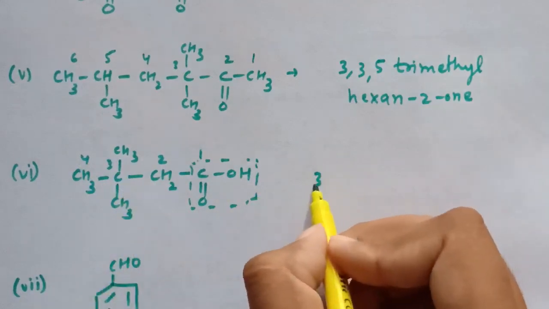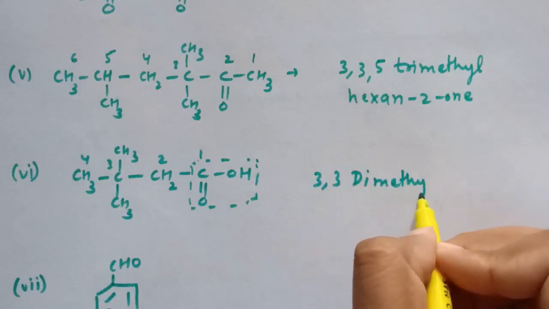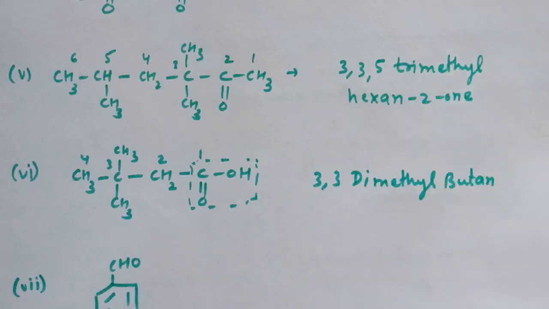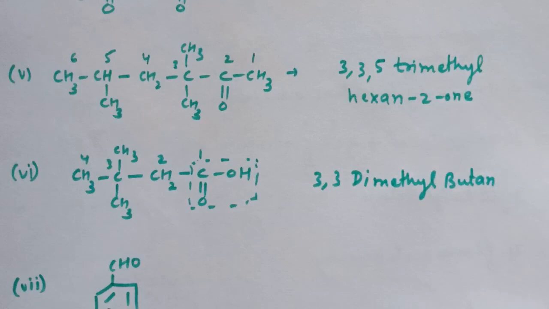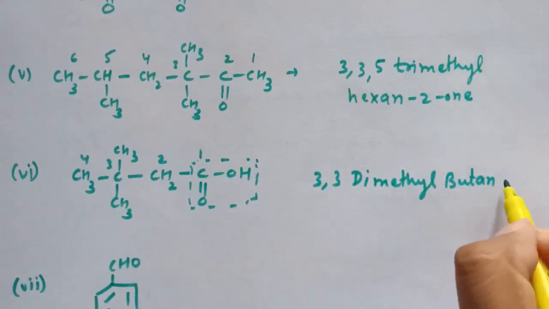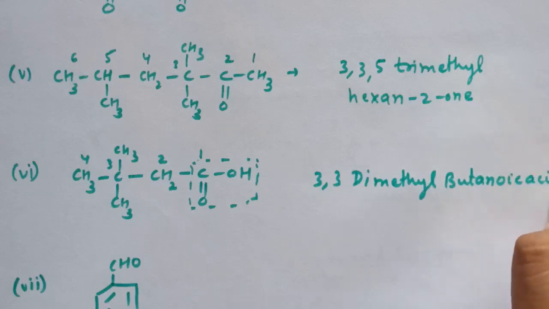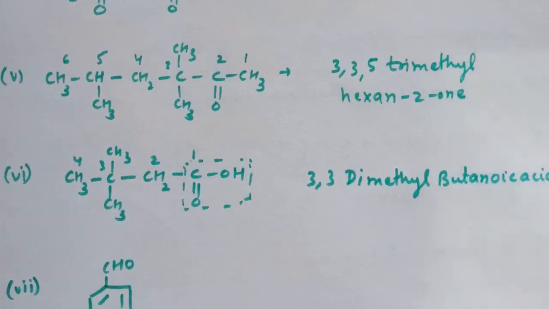So the name is 3,3-dimethyl. For 4 carbon butane, the E is replaced by oic acid. So it is butanoic acid. This is the nomenclature for this structure.